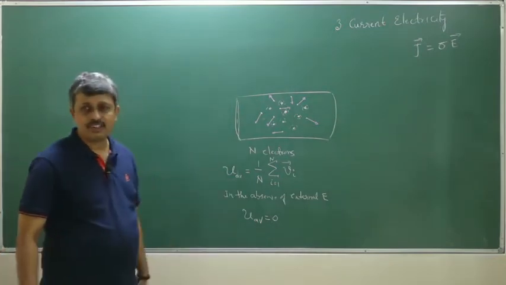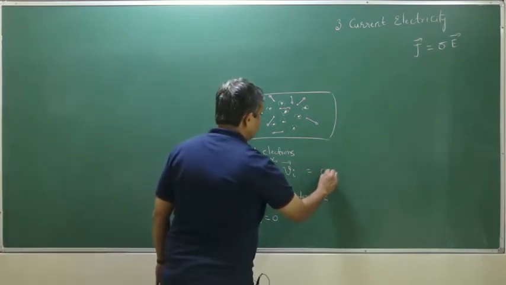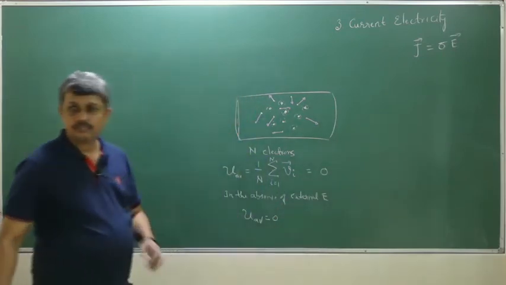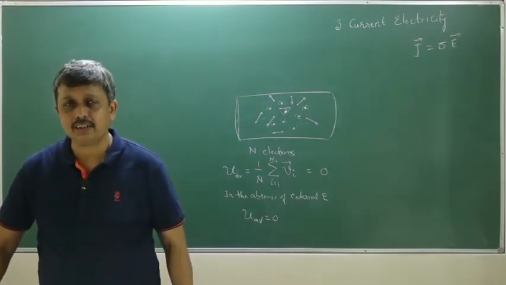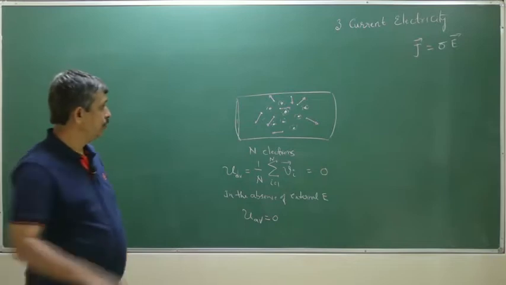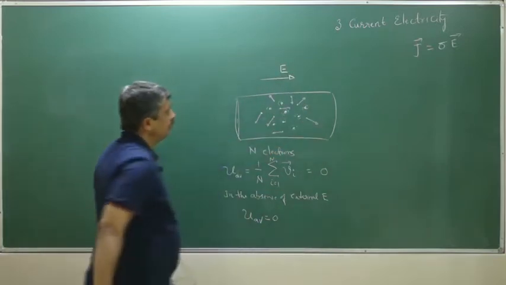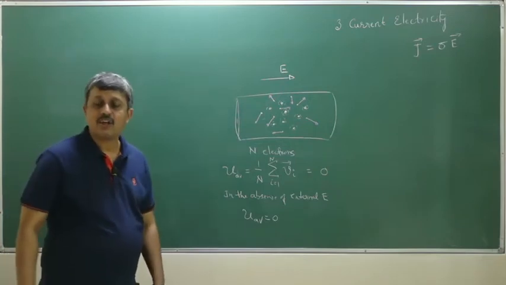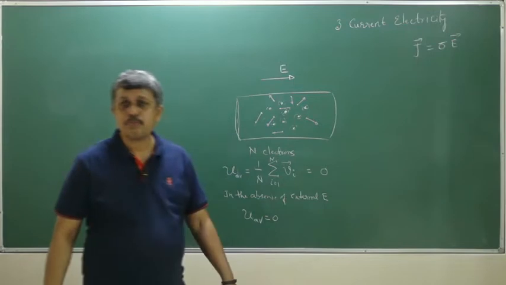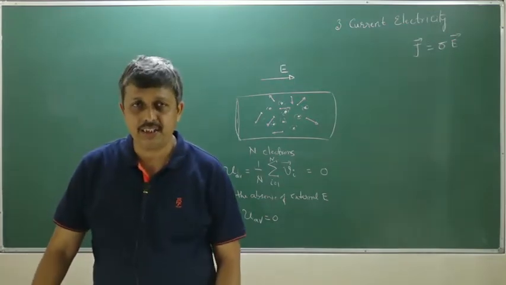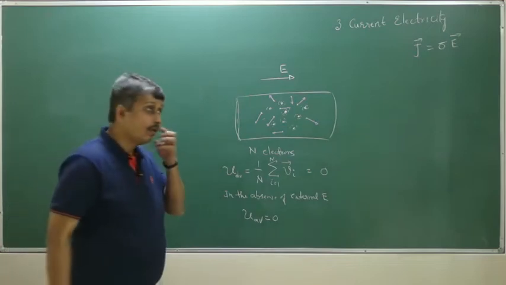So this is our first important relationship: U average is equal to 0. Now let's apply some electric field E. The moment you apply the electric field, the electrons get pushed by it. What is the force on every electron?